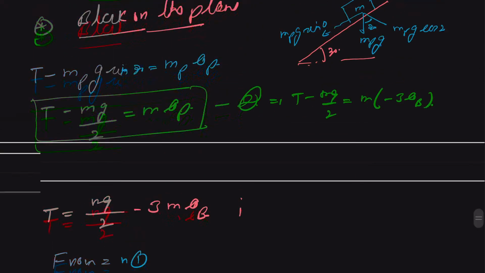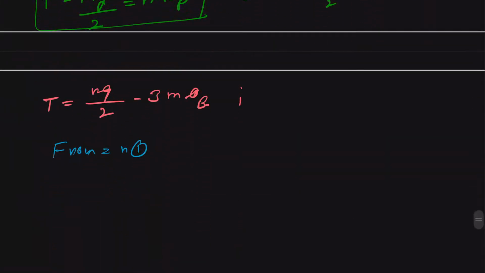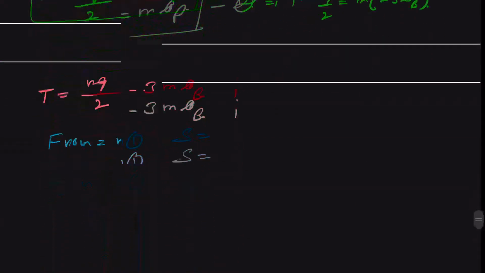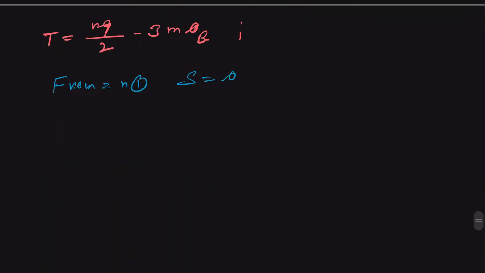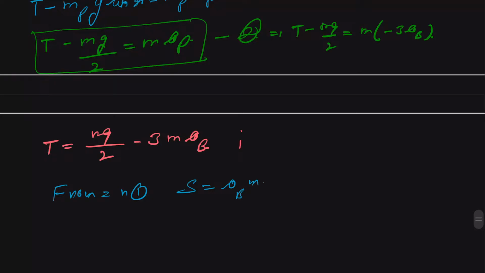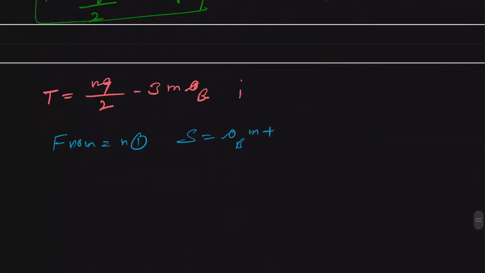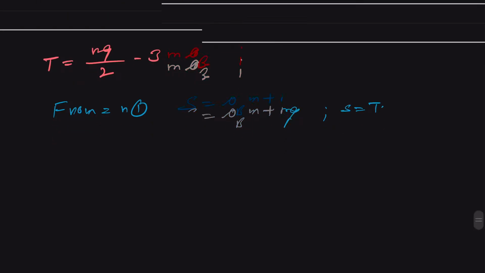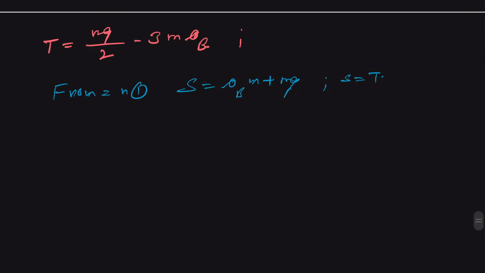From equation 1 we are having that our S is equal to A of B times M plus mg. But we know that our S is equal to T. Therefore, we can say that our T is equal to A of B times M plus mg.